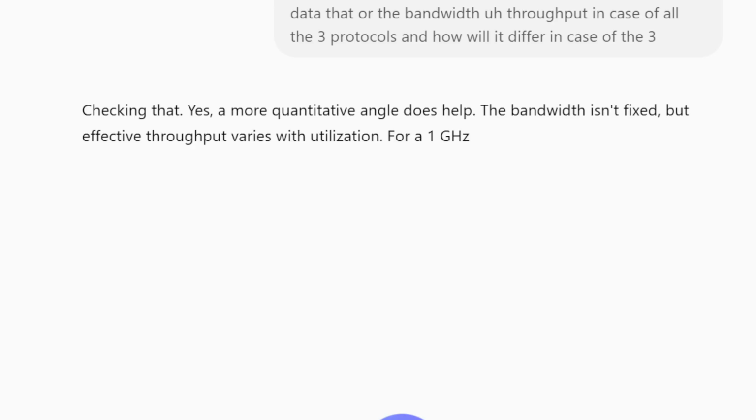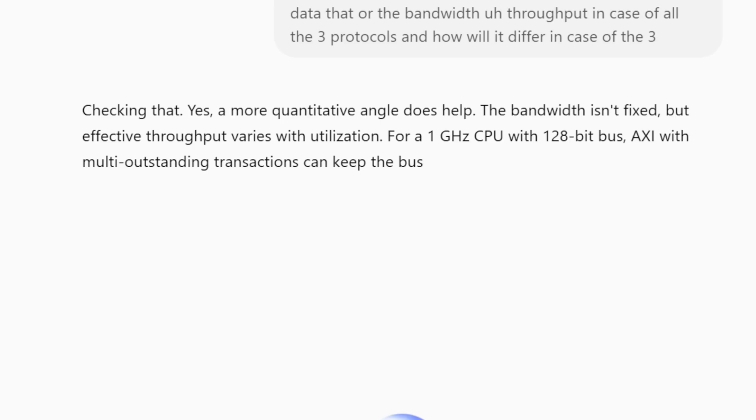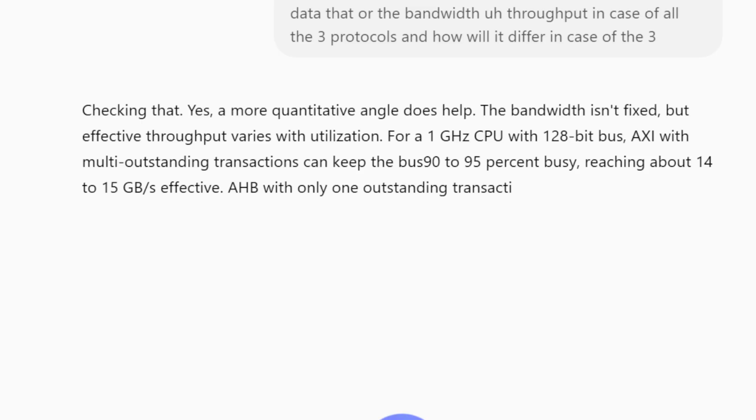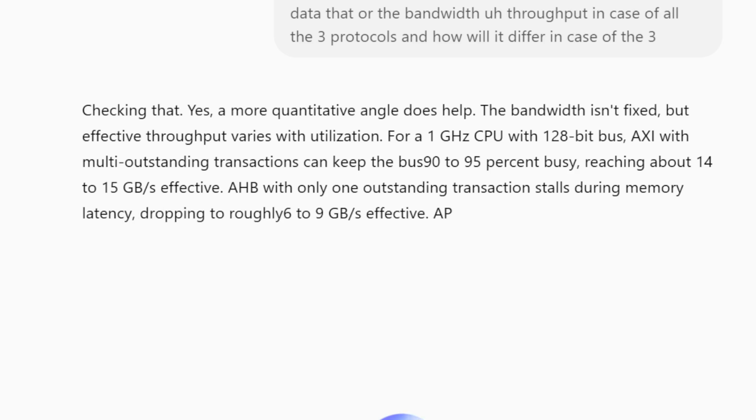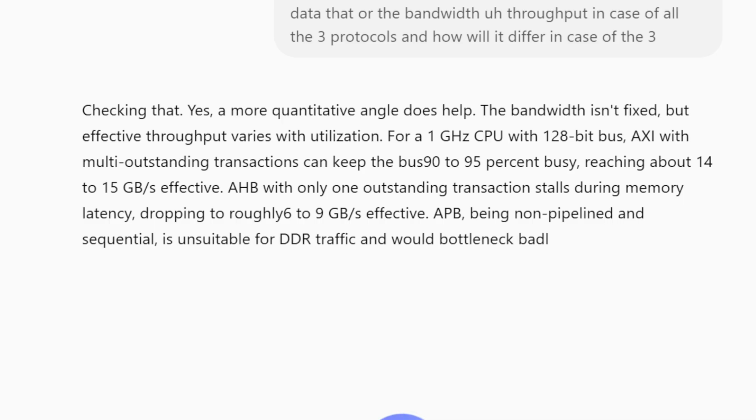For a 1 gigahertz CPU with a 128-bit bus, AXI with multiple outstanding transactions can keep the bus 90 to 95% busy, reaching about 14 to 15 gigabytes per second effective. AHB with only one outstanding transaction stalls during memory latency, dropping to roughly 6 to 9 gigabytes per second effective. APB, being non-pipelined and sequential, is unsuitable for DDR traffic and would bottleneck badly. So for CPU to DDR, choose AXI.